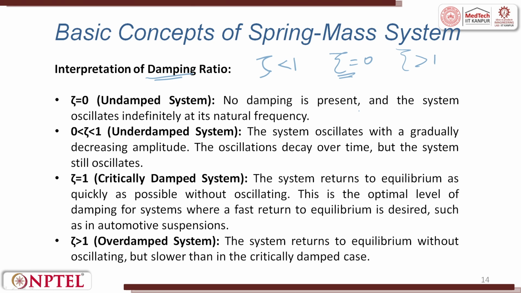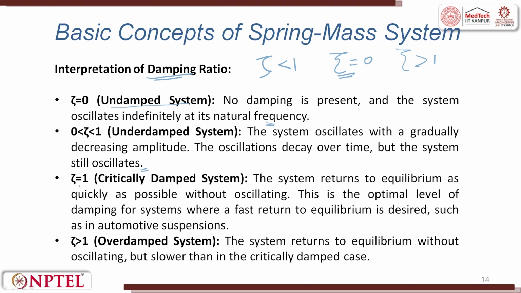No damping is present and the system oscillates indefinitely at its natural frequency. Very important, please note, undamped system. When the system is underdamped, the system oscillates with a gradually decreasing amplitude. The oscillation decays over time, but the system still oscillates.